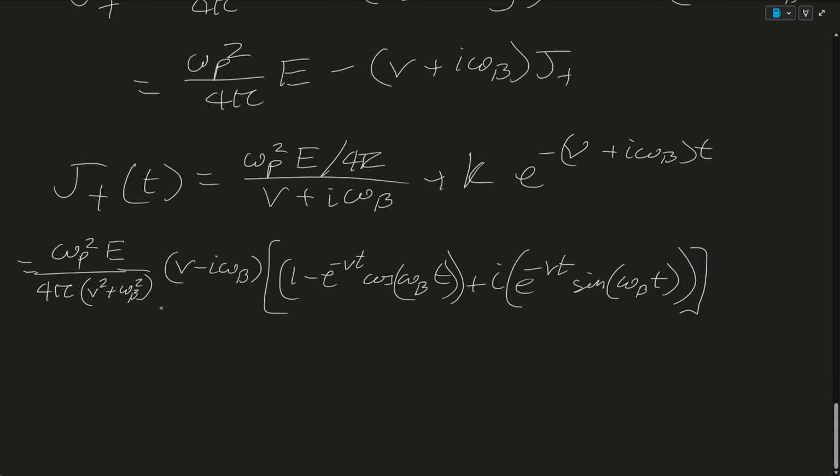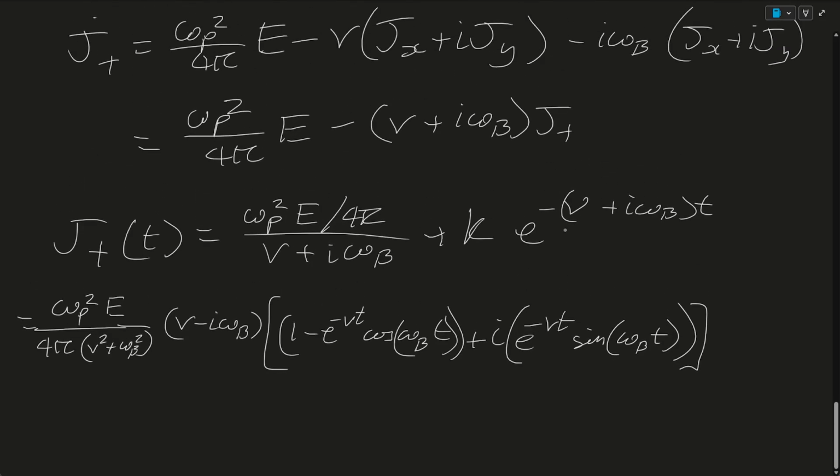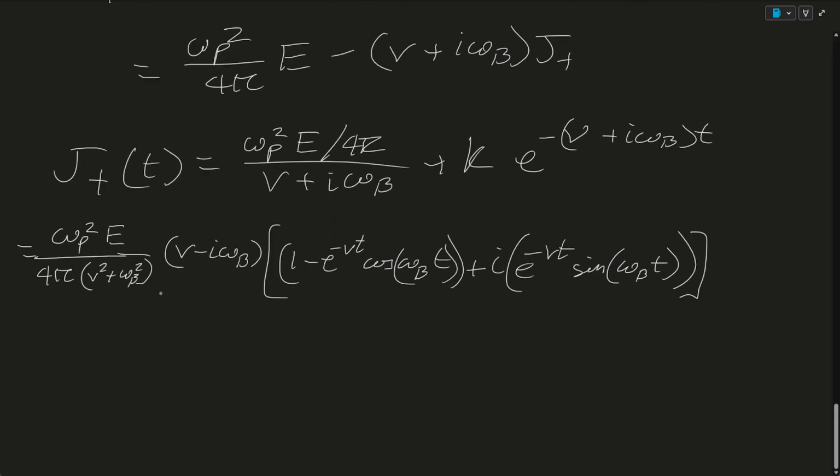I've got to say what k is. K is just that. I could write that again, but I'm not going to. For obvious reasons, when J of t is 0, then t is 0. K is minus that, sorry. When J of t is 0, that's all 0.